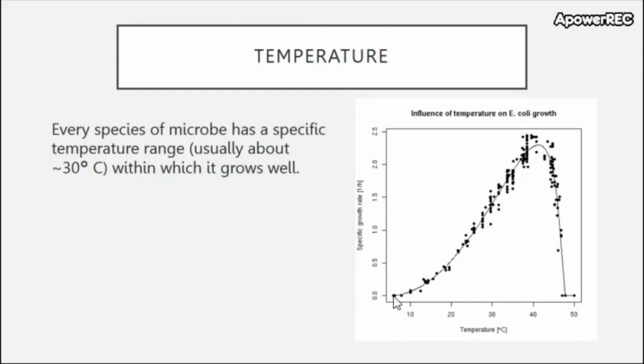We can see on this image here, it might be around maybe 2 degrees Celsius or so, or maybe a little bit higher, all the way up to, I don't know, it looks to be maybe 46 degrees Celsius before you have a specific growth rate of 0. A specific growth rate of 0 is no growth at all.